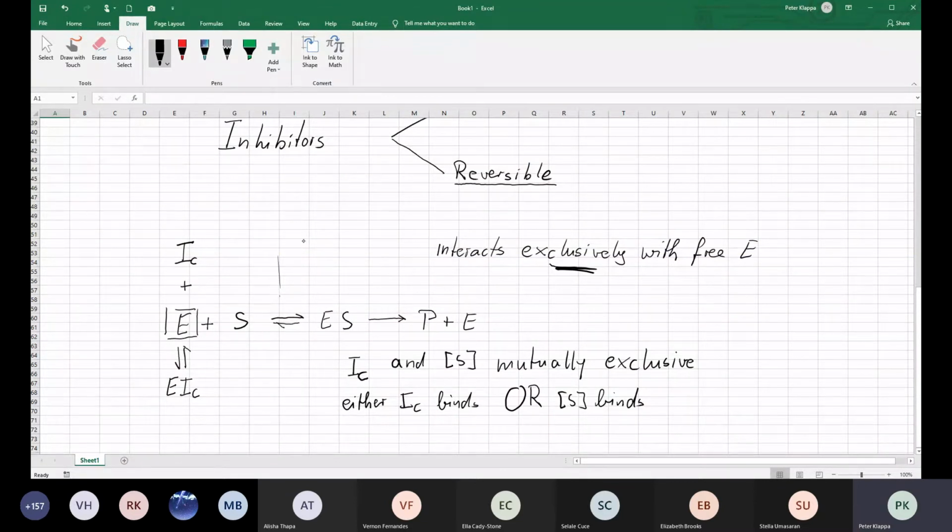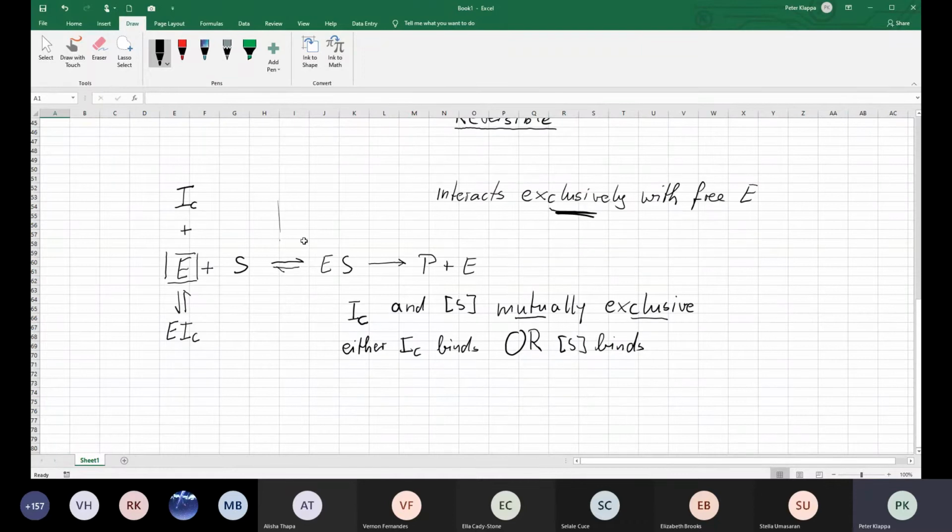This is what it means, mutually exclusive. Either the inhibitor or the substrate can bind. So they are basically both competing for the enzyme. How do I write this? The inhibitor and the substrate compete for the enzyme. Compete for binding to the enzyme.